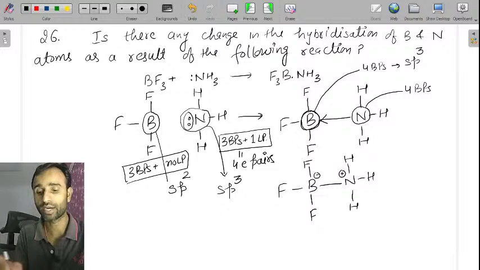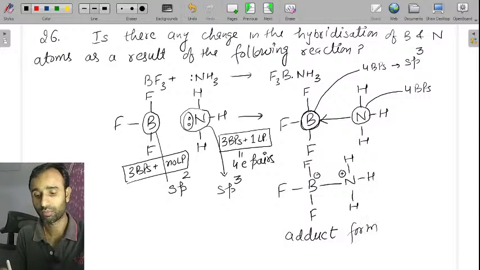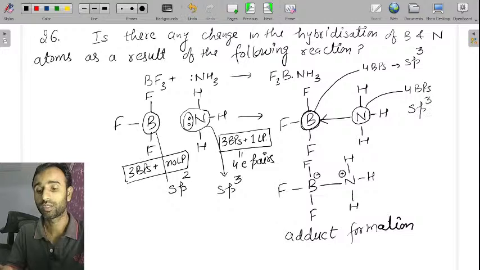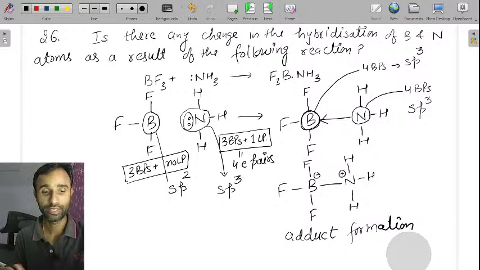And this is called adduct formation. So 4 bond pairs, so it is sp3 hybridized. Okay, so this is question number 26.